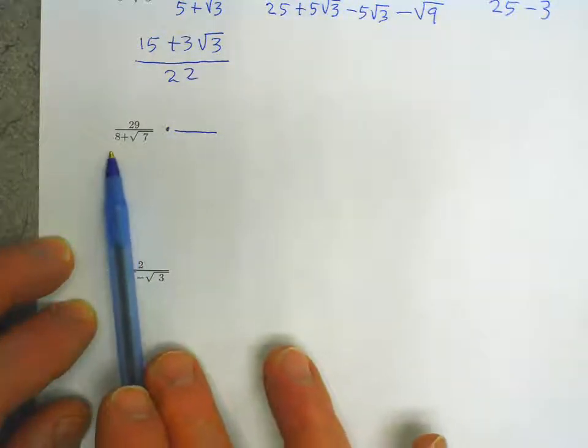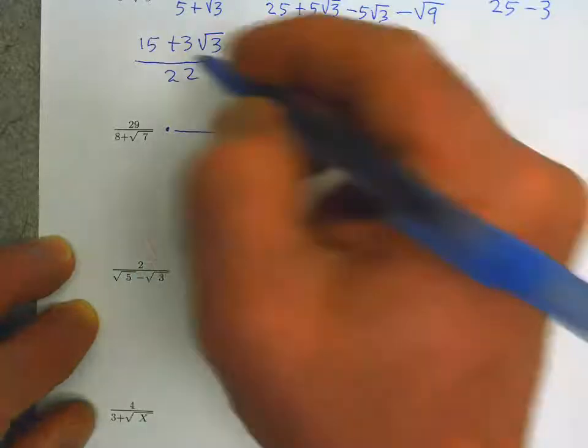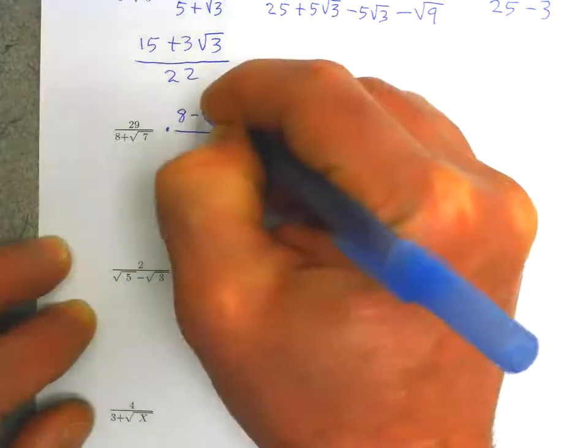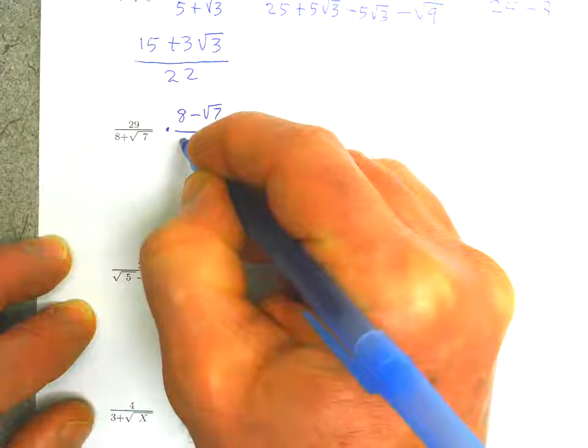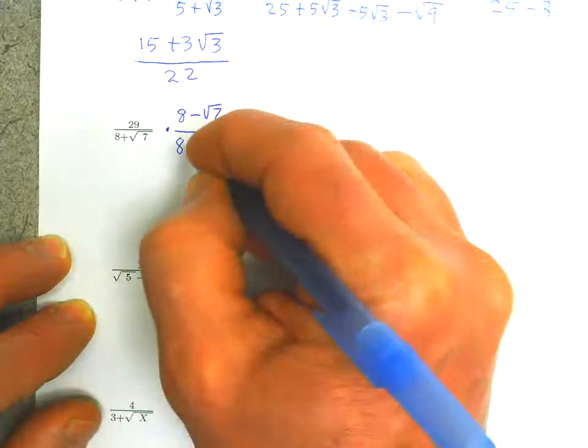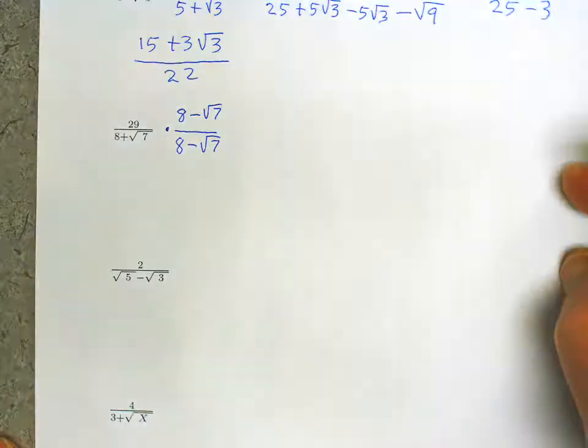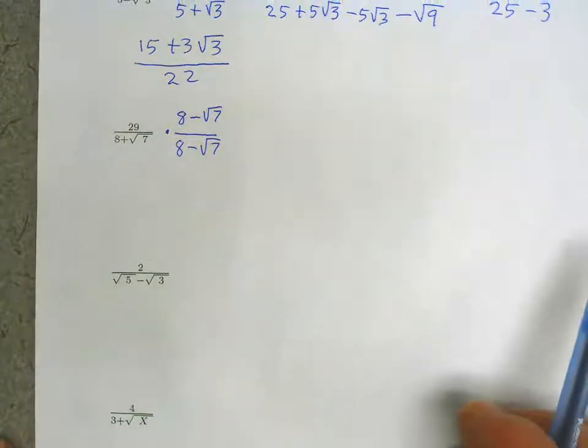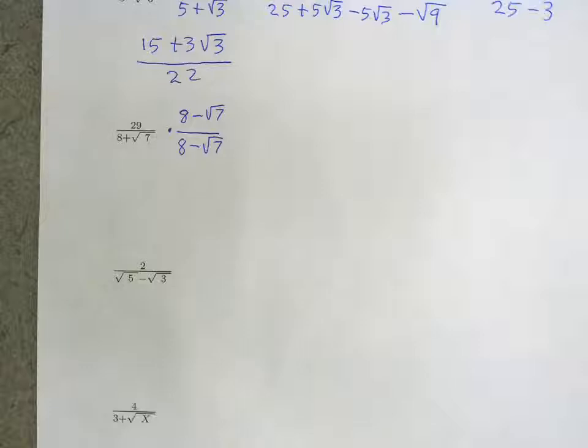The conjugate of 8 plus the square root of 7 is 8 minus the square root of 7. So we multiply the numerator by 8 minus the square root of 7 and the denominator by 8 minus the square root of 7. So we're just multiplying by 1. So we're not changing the value.